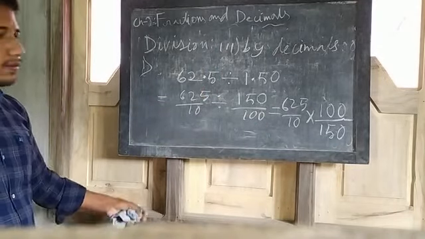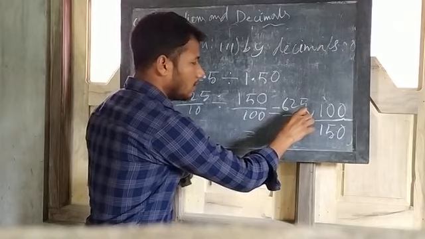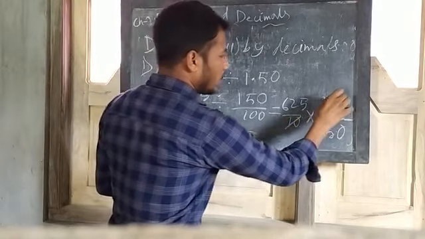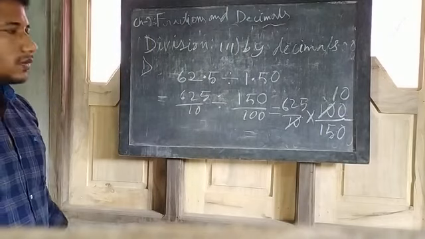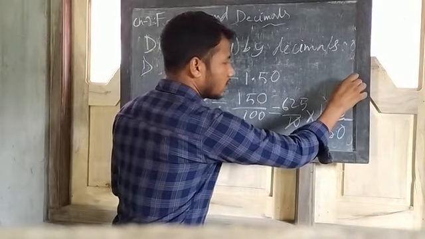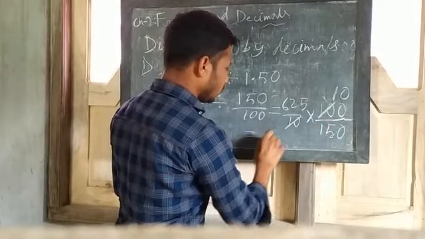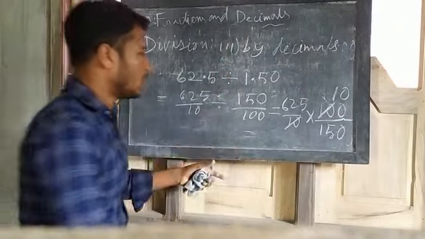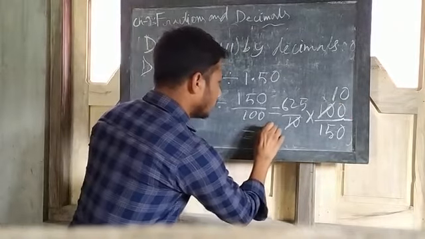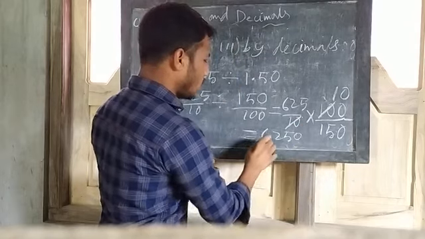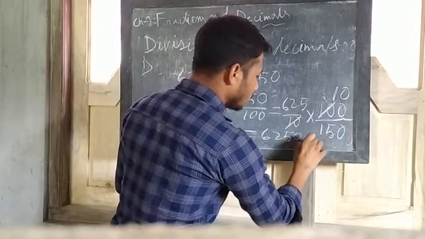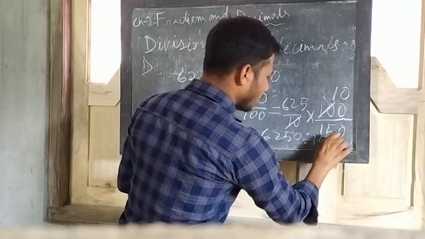See here, if we divide 100 by 10, here will be 10. Now just multiply this, 6250, and here in division 150.